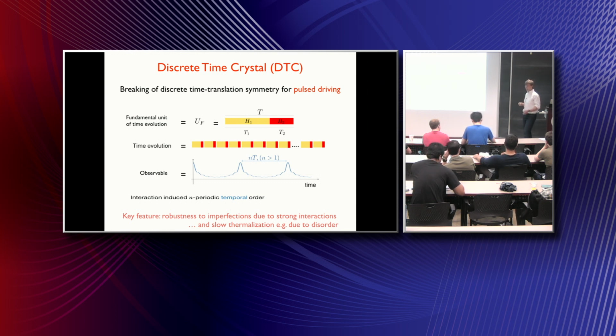So we will be looking for systems which do not undergo this rapid thermalization, because then there would be no stable order. So these are the two conditions. That's the basic concept of discrete time crystals. Now I will talk about how we actually implement these discrete time crystals in experiments and how we can use them.